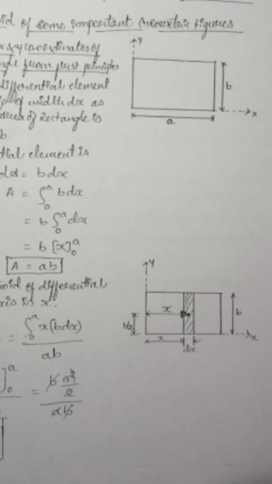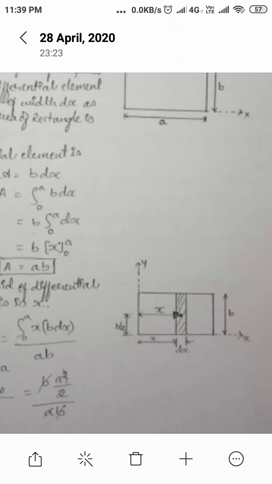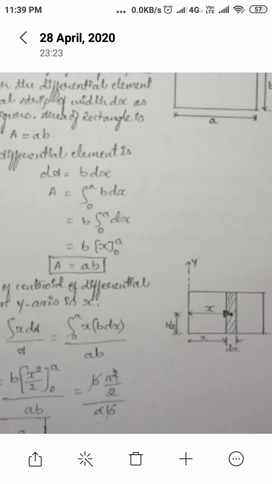So finally the area of that small strip will be a into b. The total area of the rectangular section is a into b. That is the differential of the elemental area.